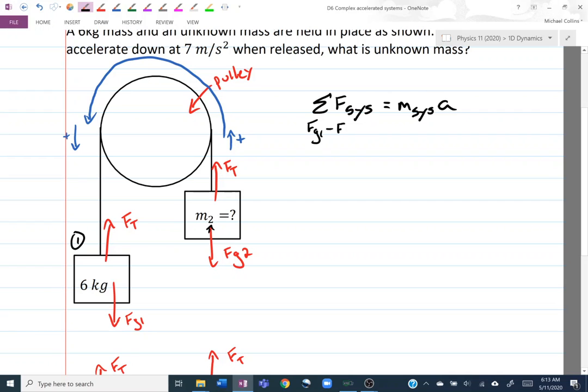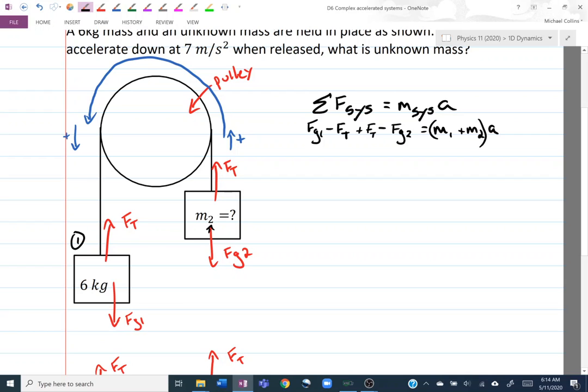FT is negative on that side, and these are both of my forces on block 1. And then on block 2, I've got a positive FT and a negative FG2. These are both of my forces on block 2. And that's going to be equal to M1 plus M2 times my acceleration. I'm going to get rid of those 1s and 2s now that we've used them.